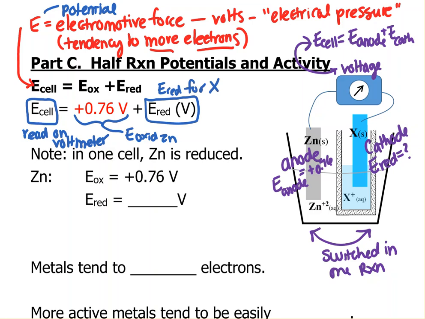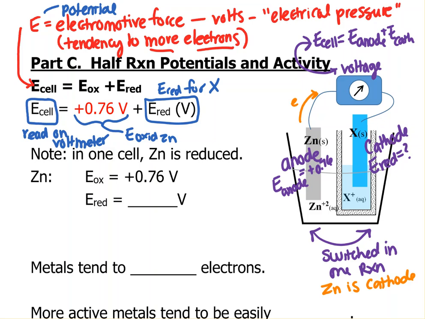As I said before, when I was saying it being switched, what I'm talking about is that in one, zinc is the cathode. And so the electrons will go the other way. Most of them, they will be going this way. But if the other metal is the anode, then they always go away from the anode.